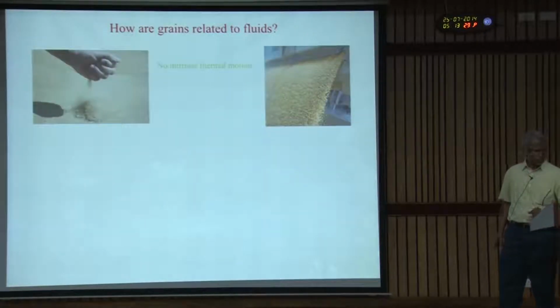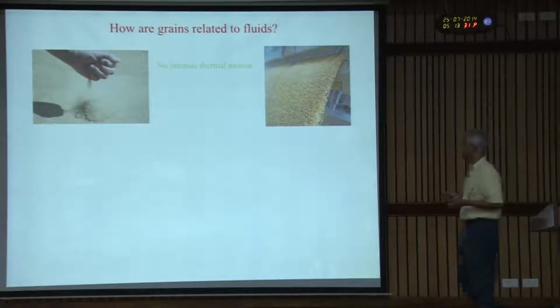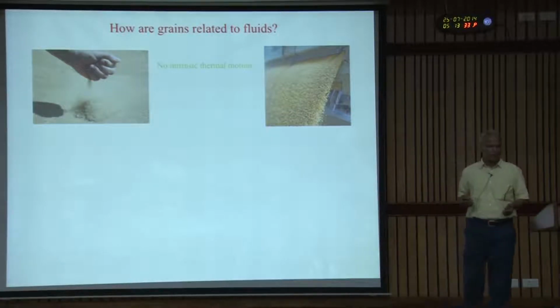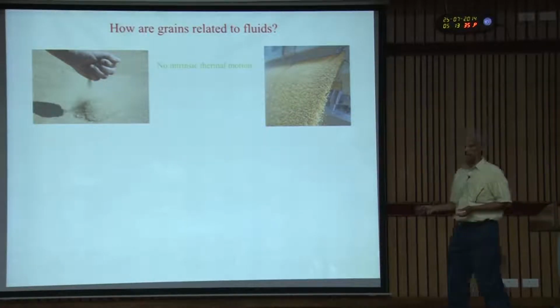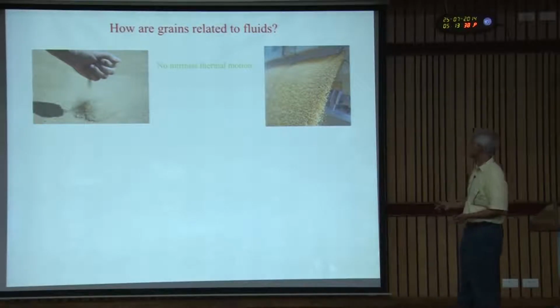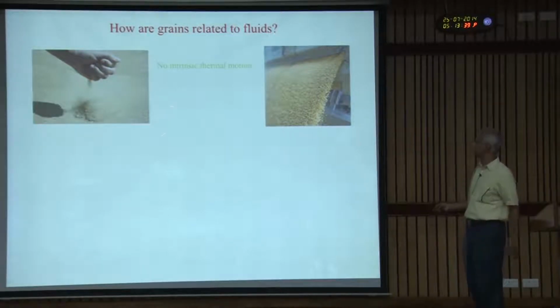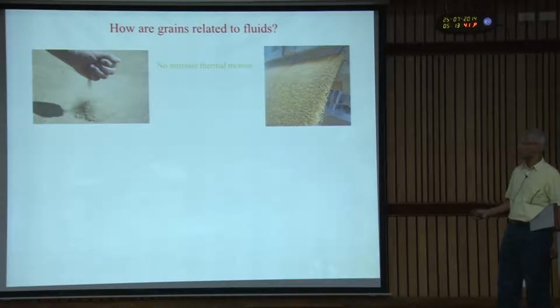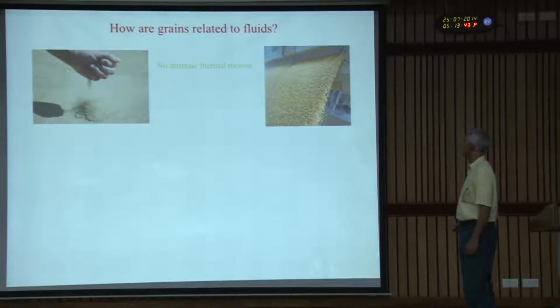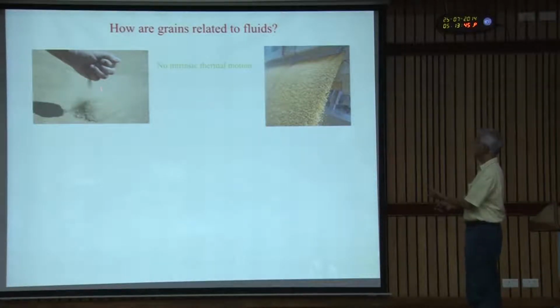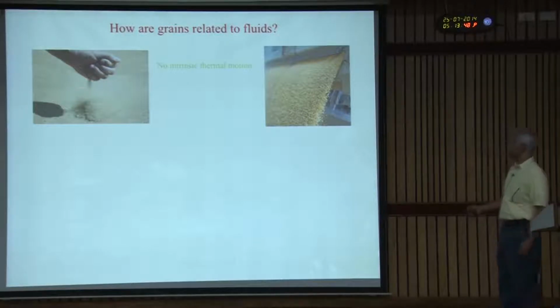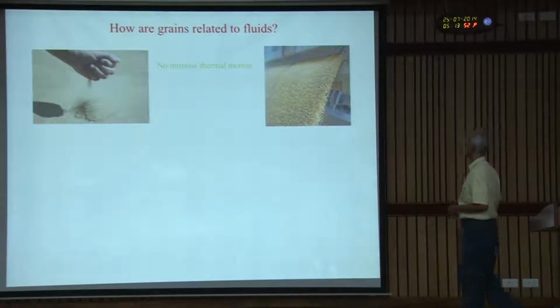Now, what's the connection between grains and fluids? Well, grains do behave like fluids. You could very well imagine dropping fluid through a spout, and it would look roughly the same. Of course, it wouldn't form a heap, but that's the difference between grains and a fluid.